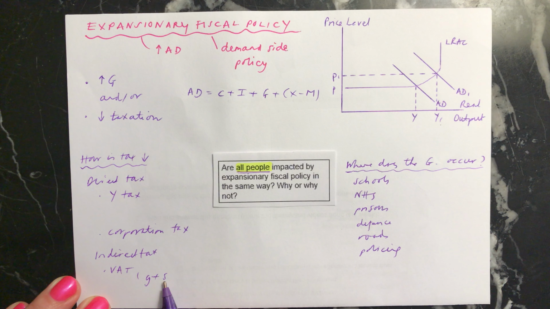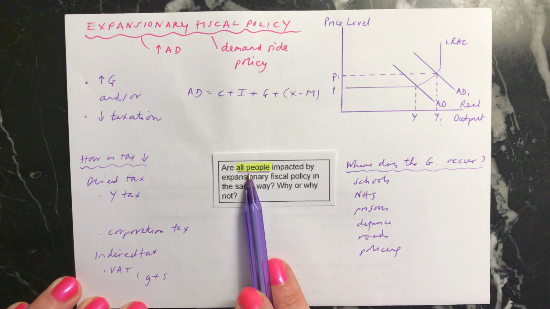If you have a very high salary or you have a lot of personal wealth, then even if products, goods and services are cheaper in the shops because VAT is lower, it won't have such an impact on you because you already have a larger income or amount of wealth. So you need to think about which type of tax is changing and which groups that will be affecting.